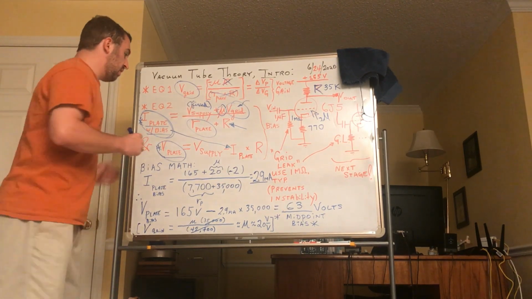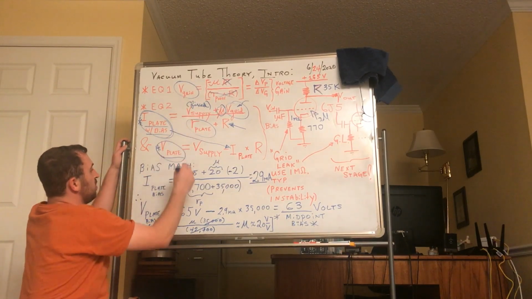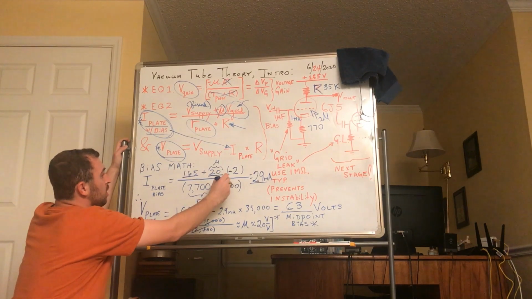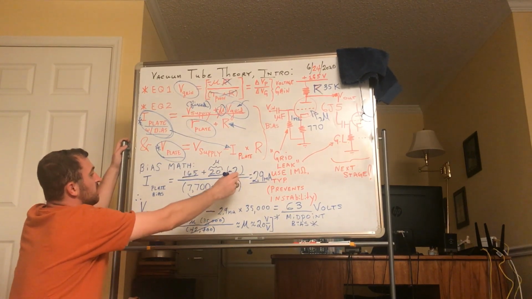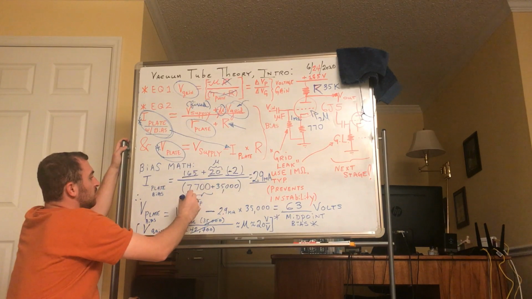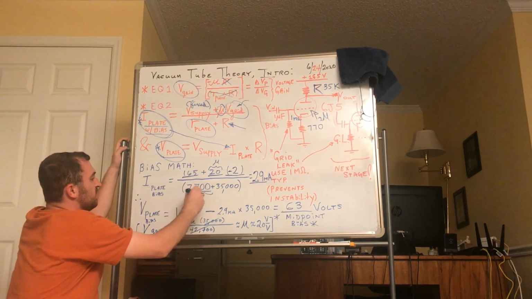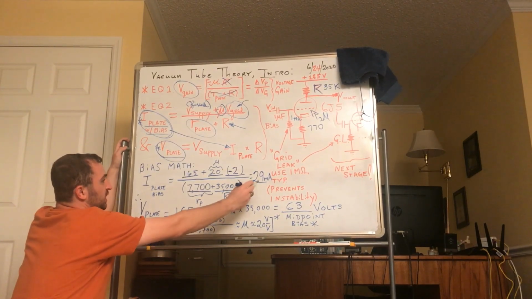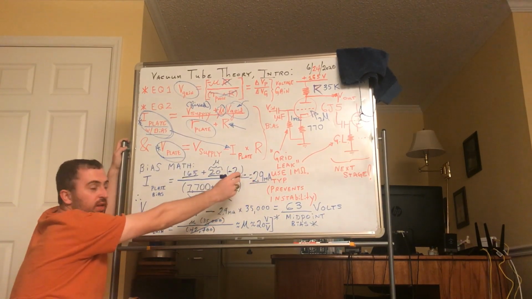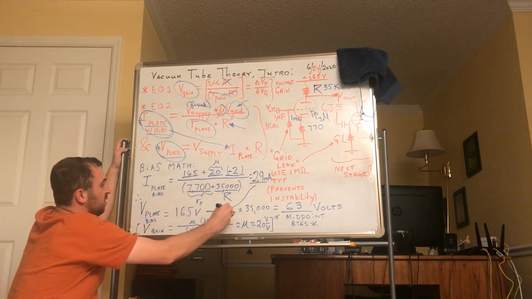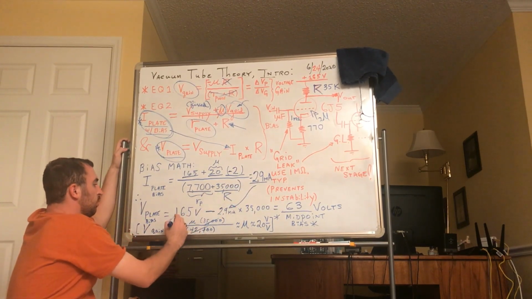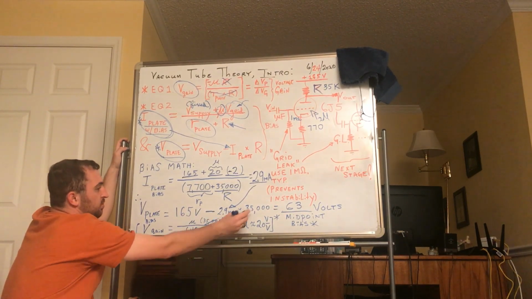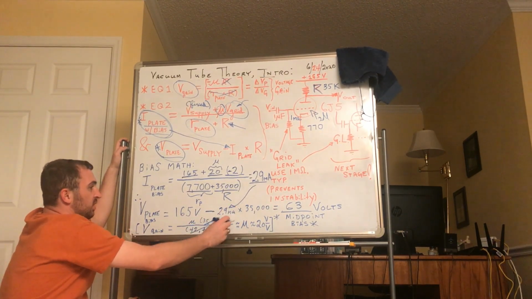When we work the math here, we have the above equation: 165 is the supply, 20 is mu, minus 2 is the grid voltage, 7.7 K is R plate, and this is big R, which was chosen, which gives us a quiescent current of 2.9 milliamps. And then we can feed this back down into this equation here, as mentioned, which gives us 165 volts minus 2.9 milliamps times 35,000 ohms, and that gives us 63 volts.